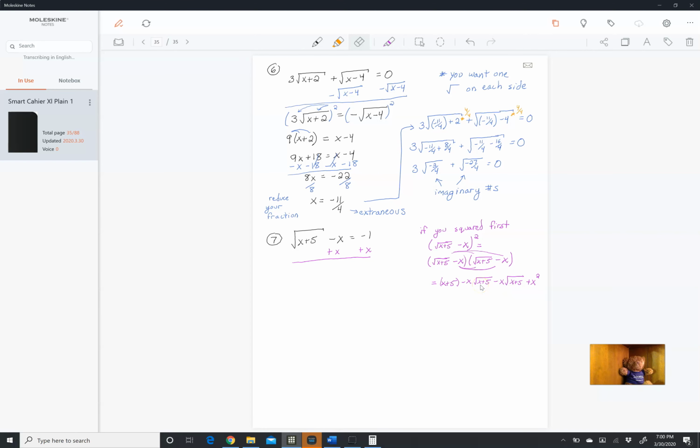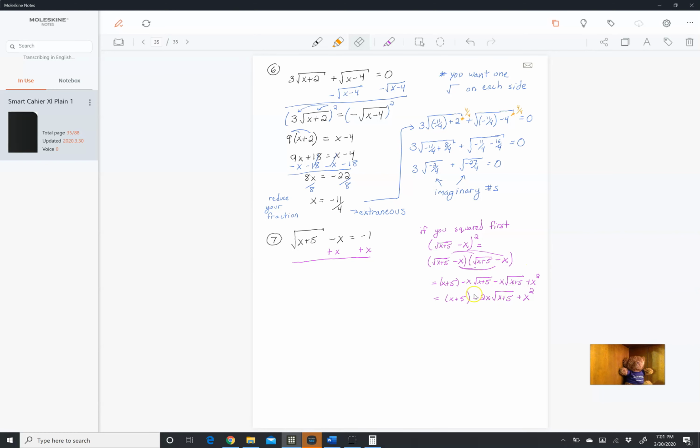Notice that we can combine the middle terms. I'm putting the parentheses here. You don't really need it, but I'm putting them there so that you can just see where we got it from, that it was the x plus 5, square root of x plus 5 squared. So we haven't actually accomplished anything because we still have a radical.